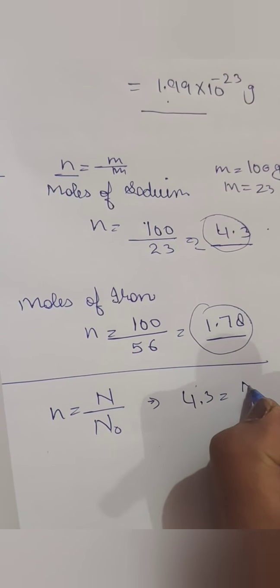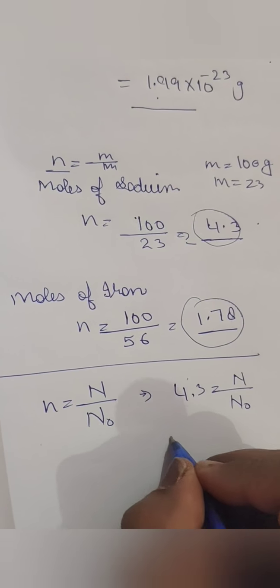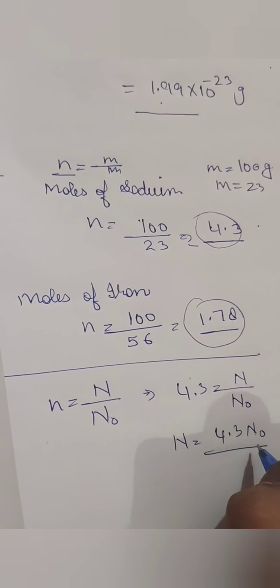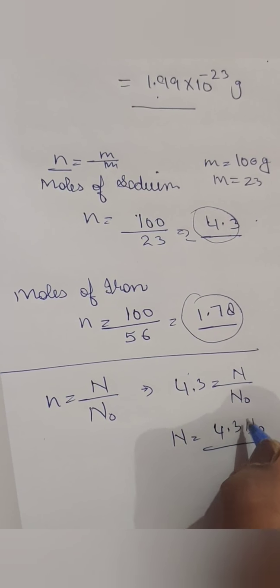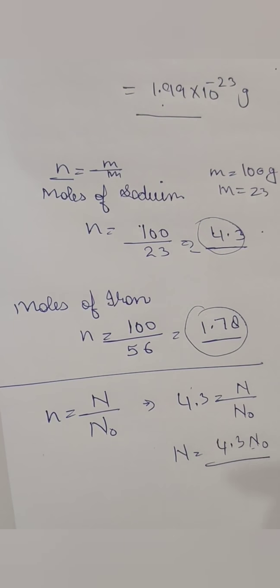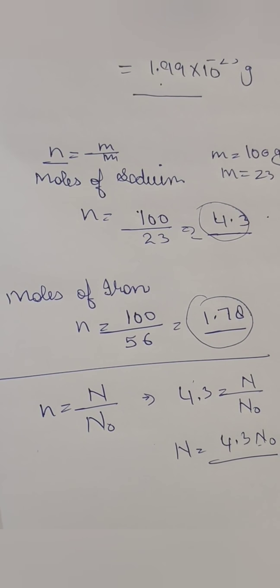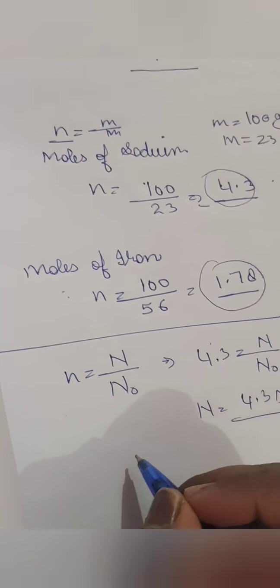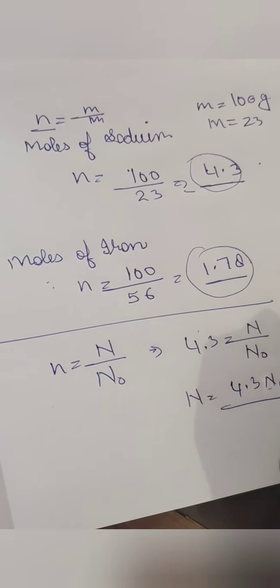Now N we have to find out, and we have N naught, which is Avogadro's number, 6.022 into 10 to the power 23. So N equals 4.3 N naught, which will be more, and for iron it will be lesser, 1.78 N naught.